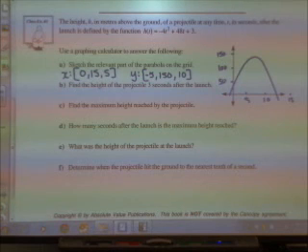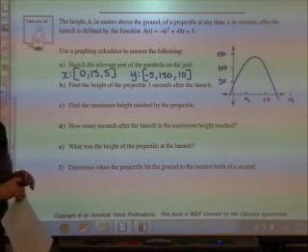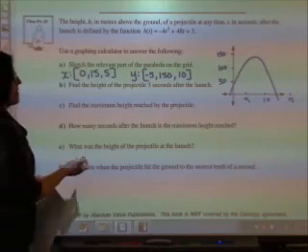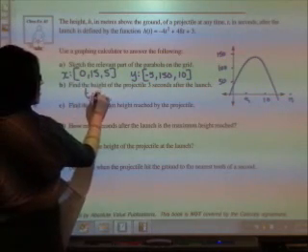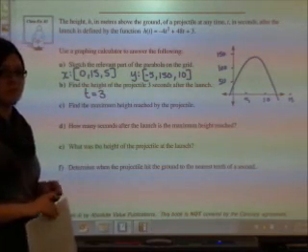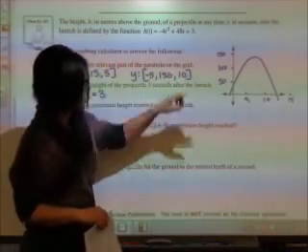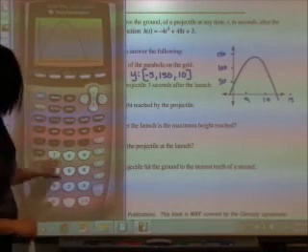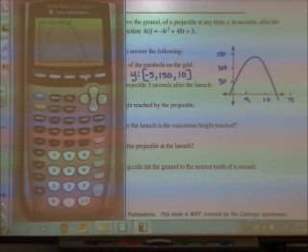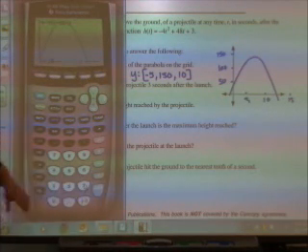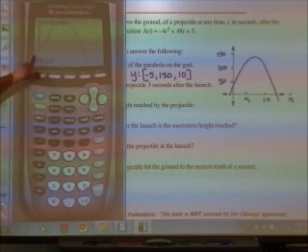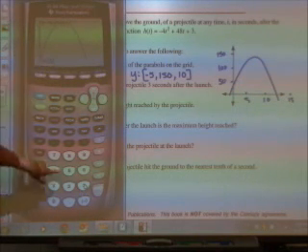So question B says, find the height of the projectile 3 seconds after the launch. That would be time equaling 3. So instead of putting 3 into the equation and solving for it, I can press the trace button on my calculator, press the number 3, and if you notice on the screen, it'll come up x equals 3.